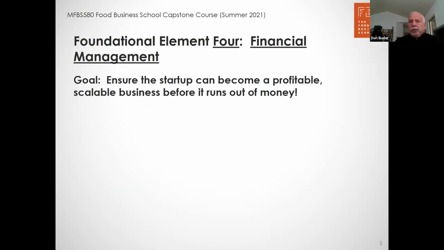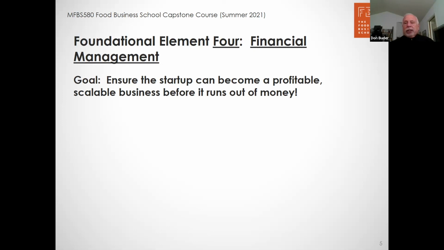The fourth foundational element we're calling financial management. This is a challenge with every business, and before you can become profitable in most cases, growing businesses typically have the challenge of making sure they have enough cash so they don't run out of money.